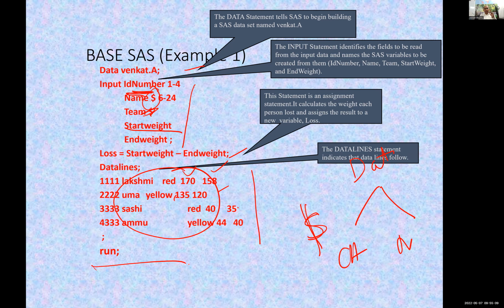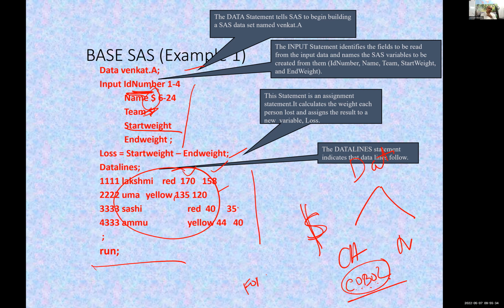You can write your SAS programs in either uppercase or lowercase or a mixture of the two. Certain programming languages have strict rules. Hey, you need to write everything in capital letters. For example, COBOL, I think you never see this COBOL. COBOL means Common Business Oriented Language. COBOL means only capital letters.